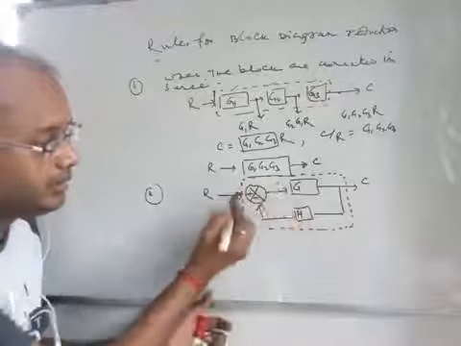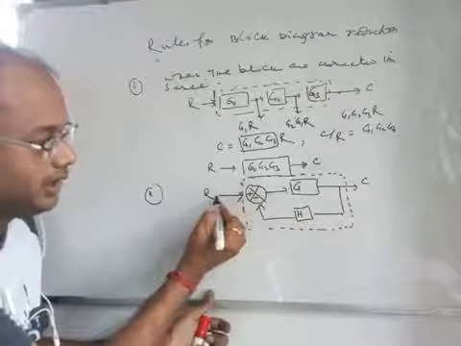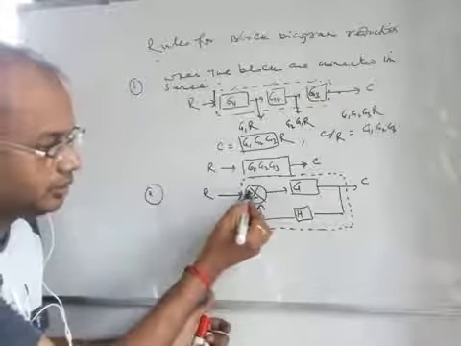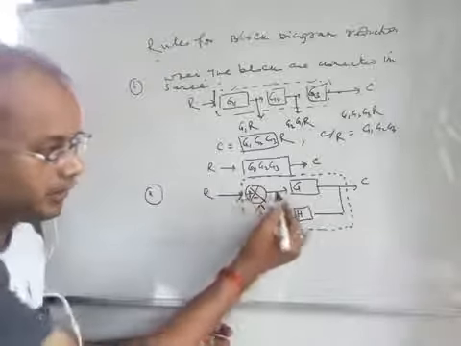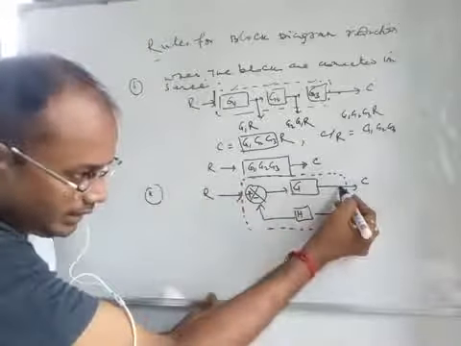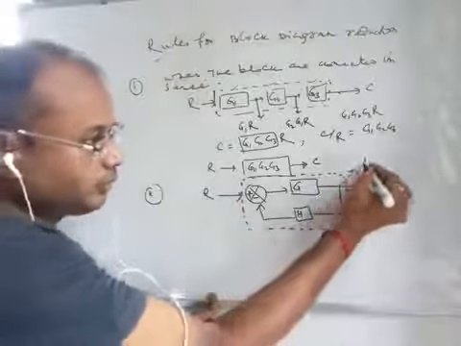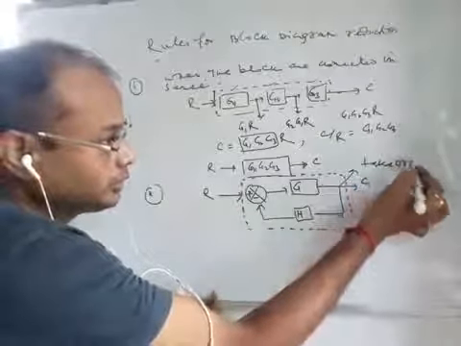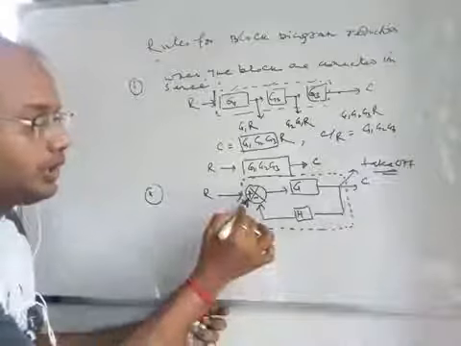Feedback path means, see the direction of the signal. R is coming here to this error block, positive, and that signal goes there, and from here this is known as the takeoff point. This is the summing point, this is the takeoff point.